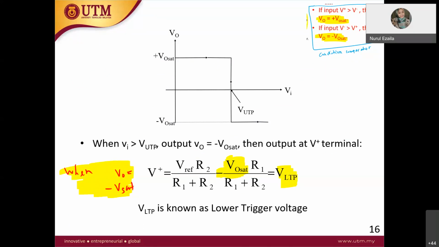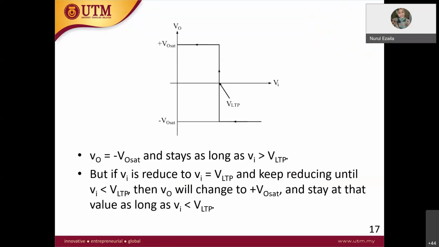So when V out equals the negative V saturation, it stays as long as V in is greater than the VLTP. And if V in is reduced to VLTP, it will keep reducing until V in is less than VLTP.